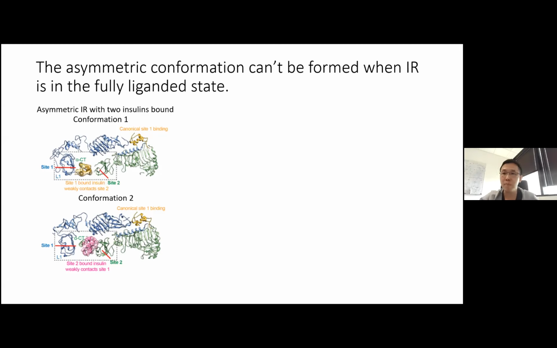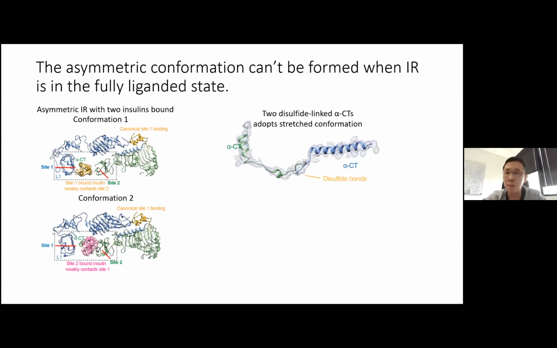And you may ask why this cannot happen. It's mostly because of this. Remember, I showed you this in the introduction. There are the two disulfide bond linked FCT motifs in this asymmetric conformation, in a very stretched conformation.